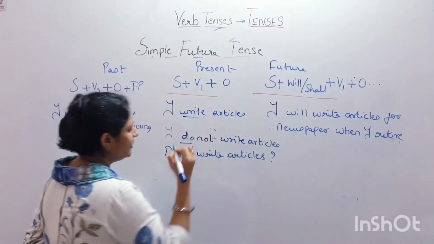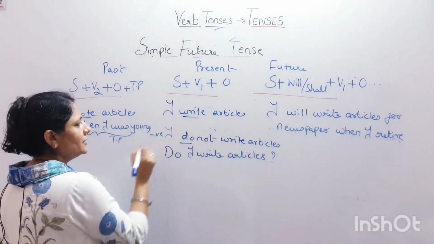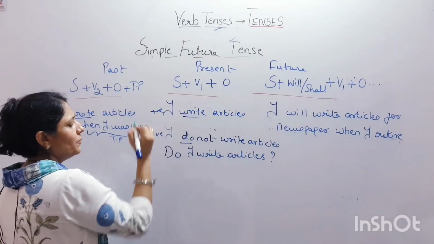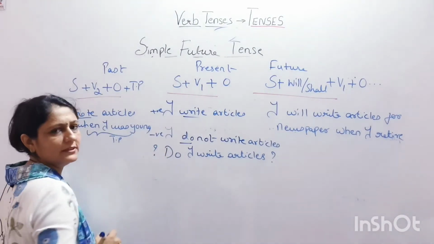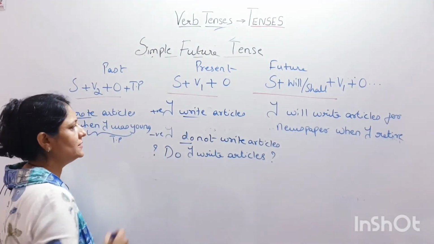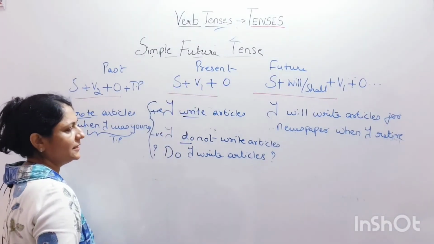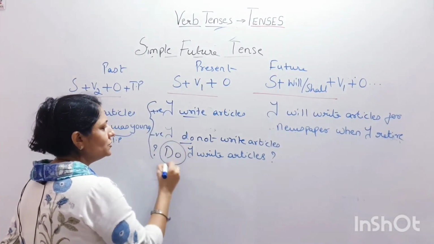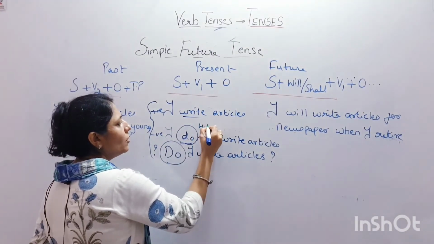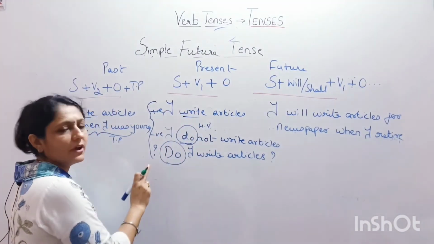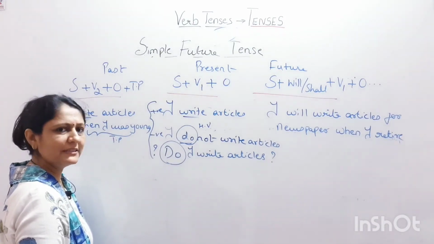I hope I'm clear about it. So this was the negative sentence, this was the positive sentence, and this is the interrogative sentences, the three forms of sentences of simple present tense. But we have used the helping verb only in the negative and the interrogative form of this sentence.